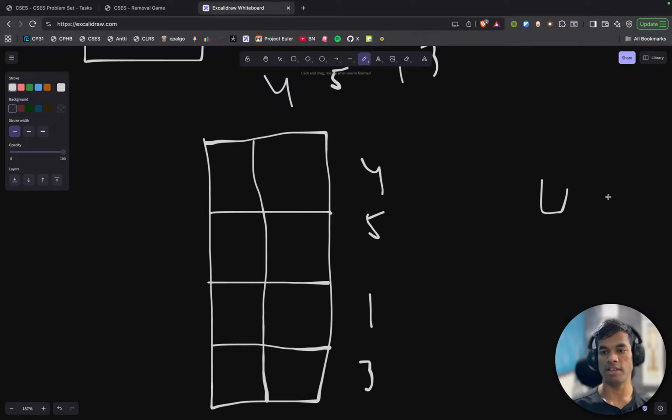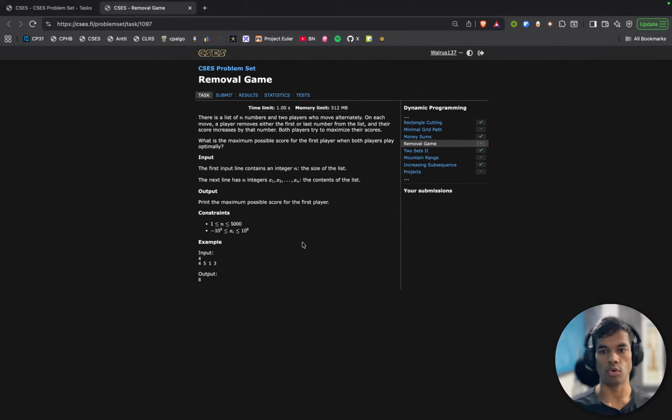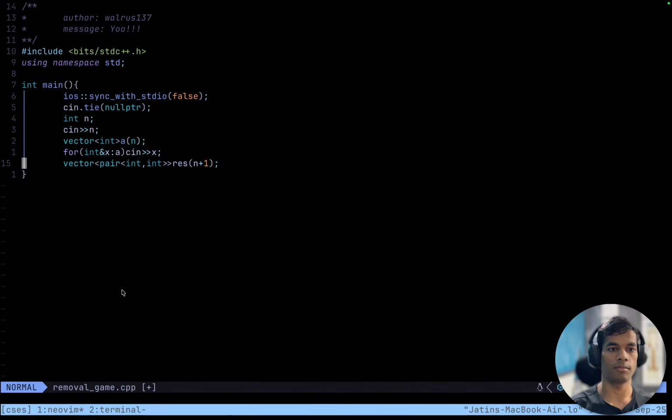What would be the best possible score that I get when I choose the number on the left, or what would be the best possible score that I get when I choose the number on the right. But the thing is, left and right are changing. Okay, recursion is the way to go with this.